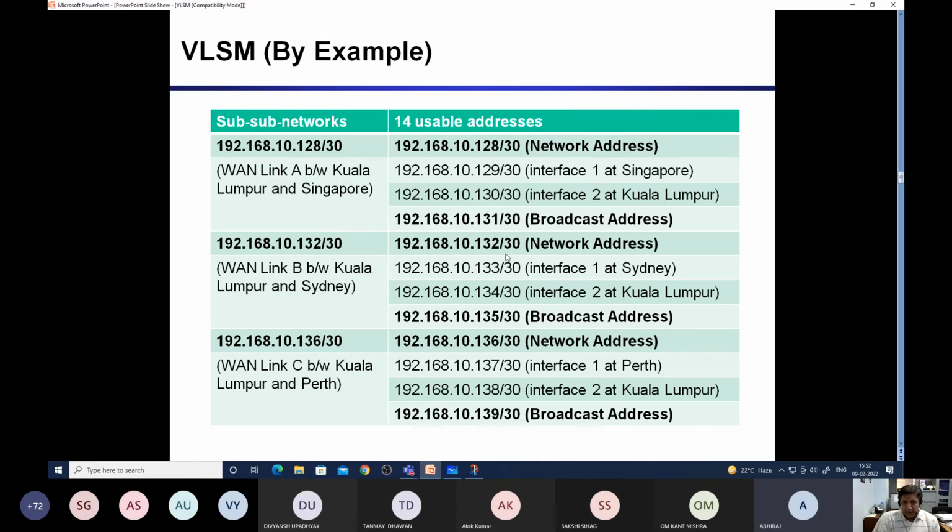Second WAN link between Kuala Lumpur and Sydney, you continue from this 132/30 and 134/30, and so on and so forth. So just applying the same process, you can get the IP addresses of WAN interfaces also.